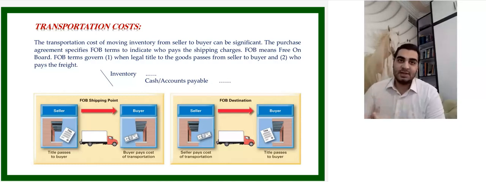But if we have FOB destination, the seller pays the cost of transportation. So obviously, the seller is in charge of the shipment until it arrives at its destination. When it arrives, the title passes to the buyer.